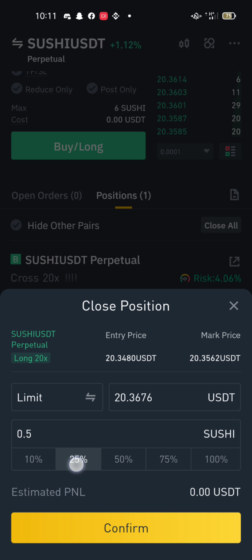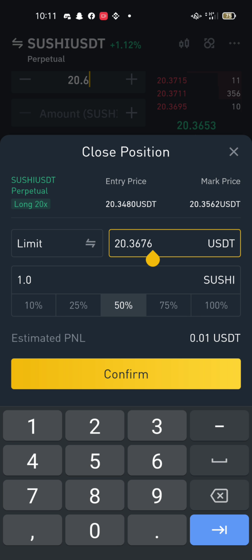Okay, so you can also put take profits here, for example 24. My first take profit is at 24, so I sell 25% or 50% of my Sushi at 24. And for example, my second take profit is $26, so I again will sell 25 or 50% of the position I've bought here at $26.